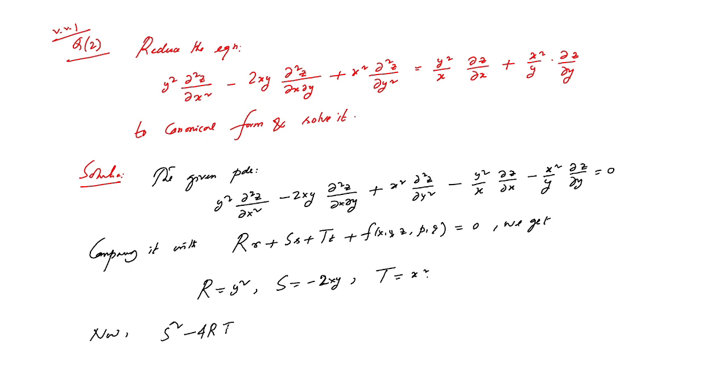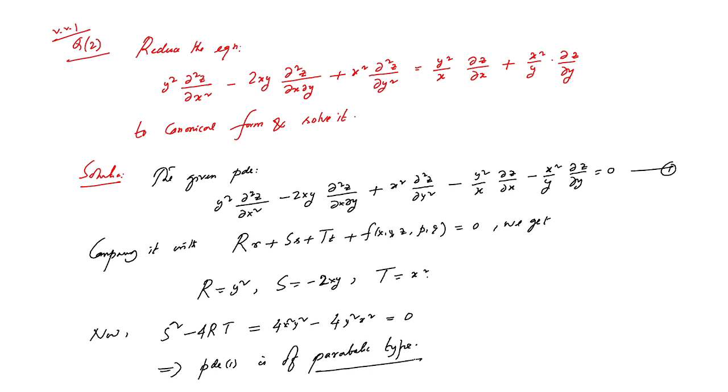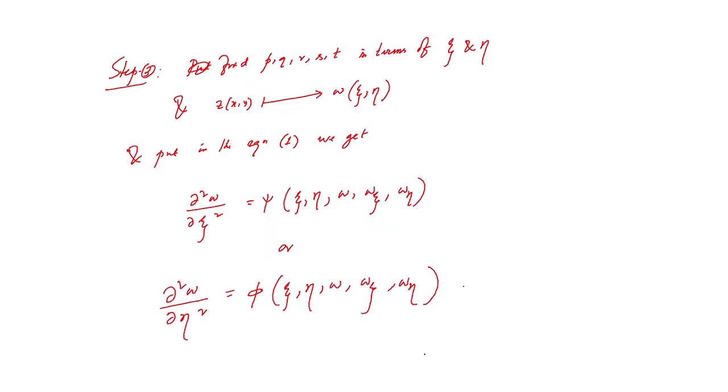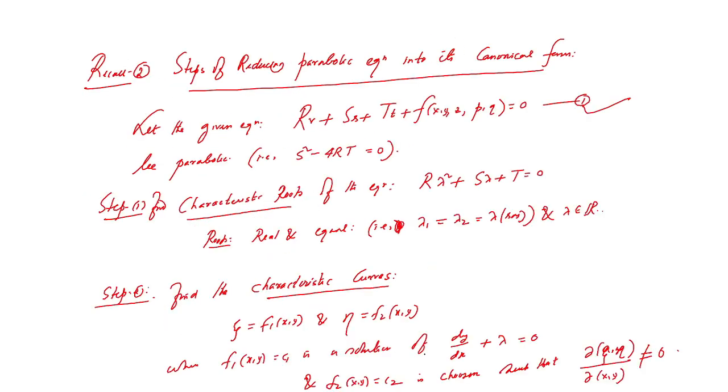S square minus 4RT, that means 4x square y square minus 4y square x square, which is 0. So that means the given PDE, equation 1, is of parabolic type. So we need to follow the steps. We will find out the characteristic root, then we will move to the characteristic curve. After that we will use the transformation and we will think about the canonical form.